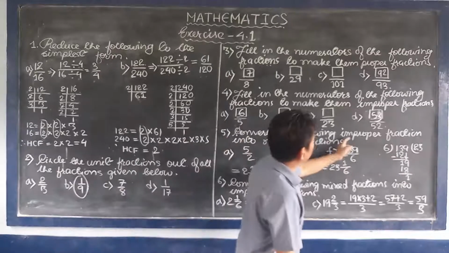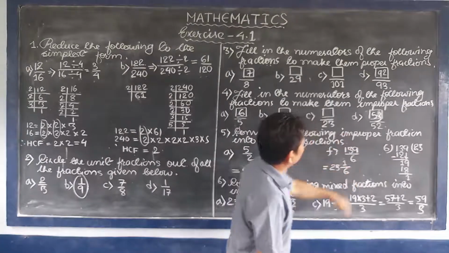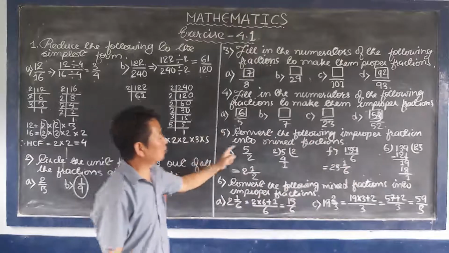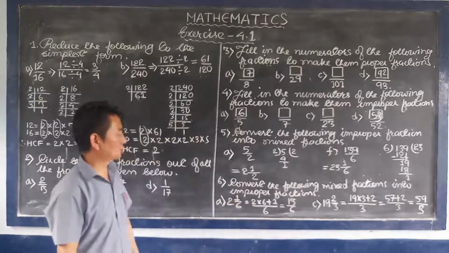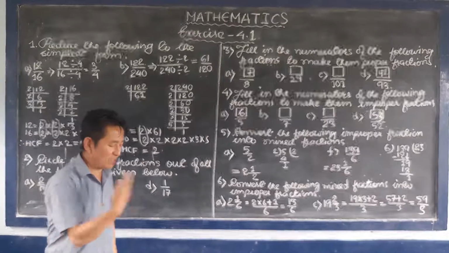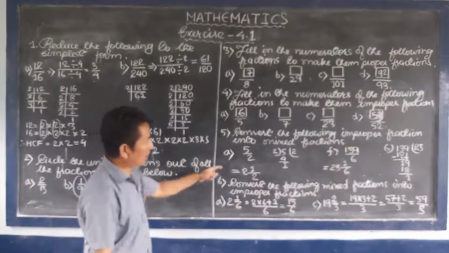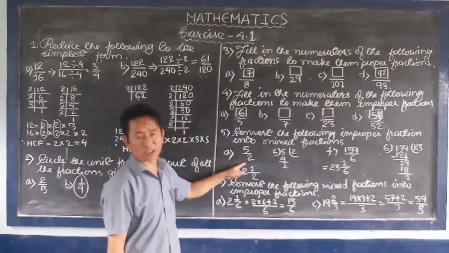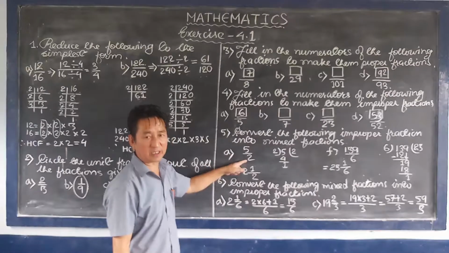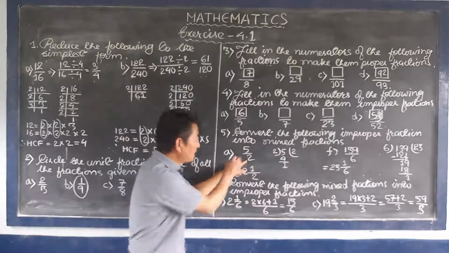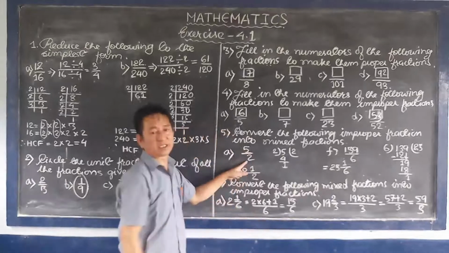Now, next question number 5. Convert the following fraction into a mixed fraction. So how to find out the mixed fraction? Here this is an improper fraction because the numerator is greater than the denominator. So this line also means divide.